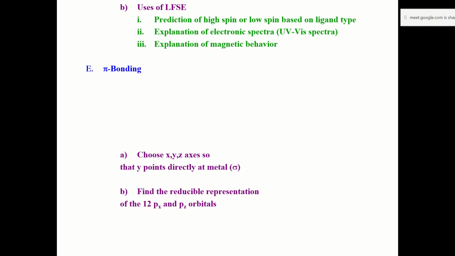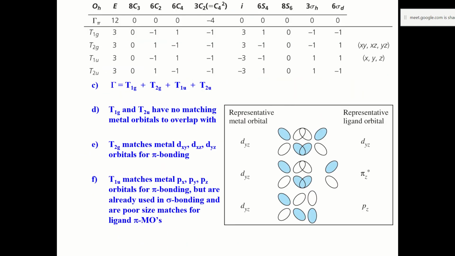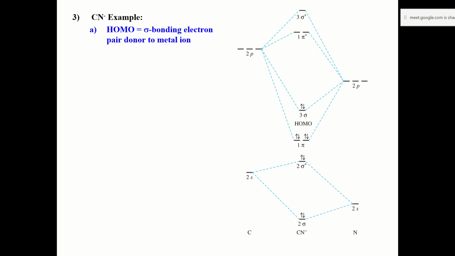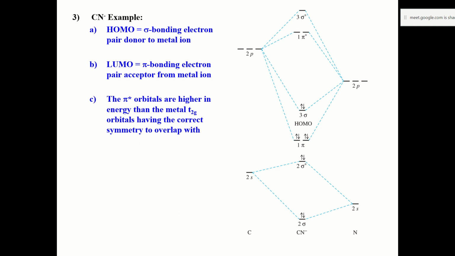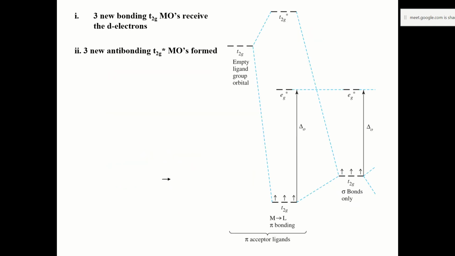So accordingly, when you have ligand orbitals, then when you have to organize this thing, so this is T2G, T1u, so T1u matches with Px Py Pz bonding, but so in this kind of orbital, what happens when you have sigma donor orbitals there. This is the diagram of CN minus, which you already know.